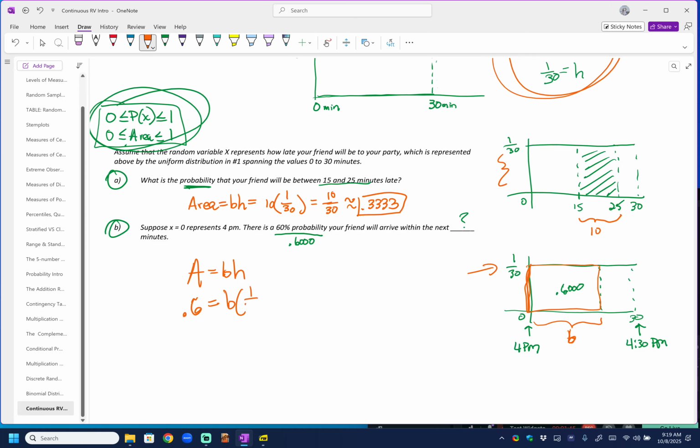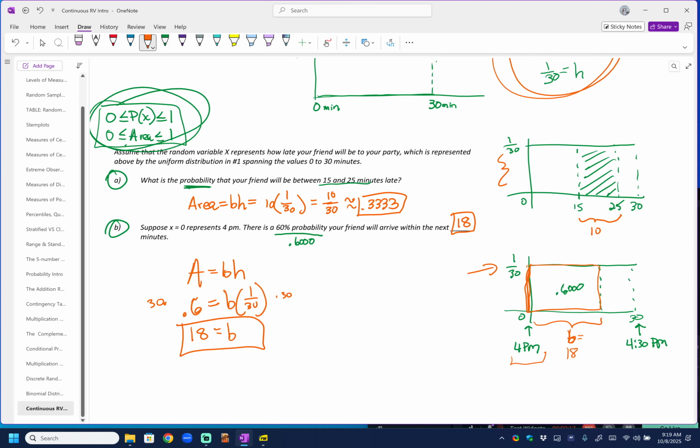So if we want to know what the base is, then we would multiply both sides by 30, and we would end up with 18 as our value. So that means that this person is going to arrive 18 minutes, which is our B now, past 4 p.m. So basically, they're going to arrive in the next 18 minutes at 4:18.